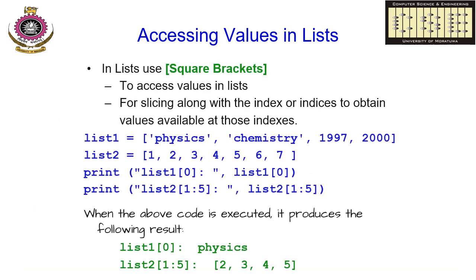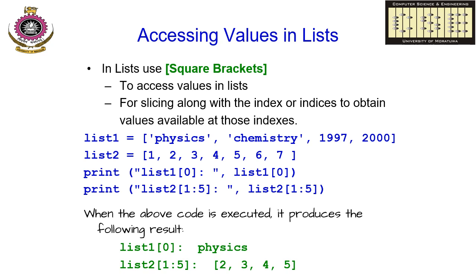So here we describe what we just looked at in the previous example in Python Tutor. This is an explanation of what we did, the different ways we can access values. We looked at first accessing the index 0 item of list number 1, and then looked at a range of values by performing slicing on list number 2.